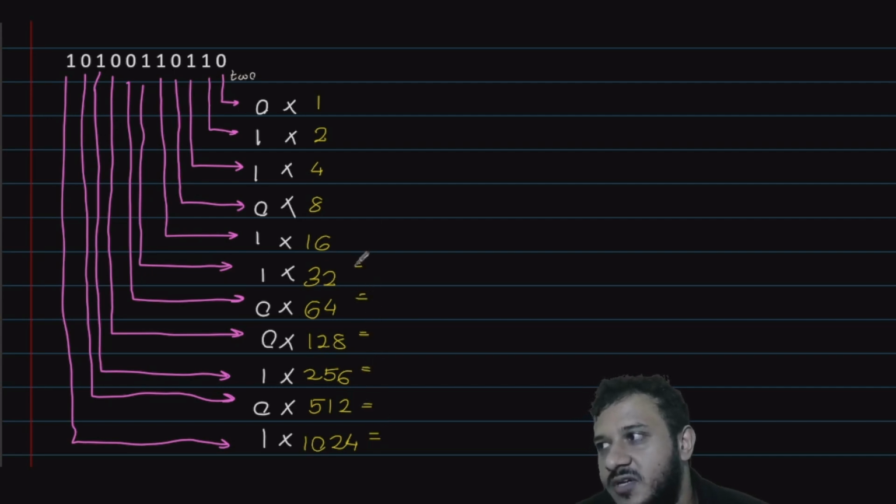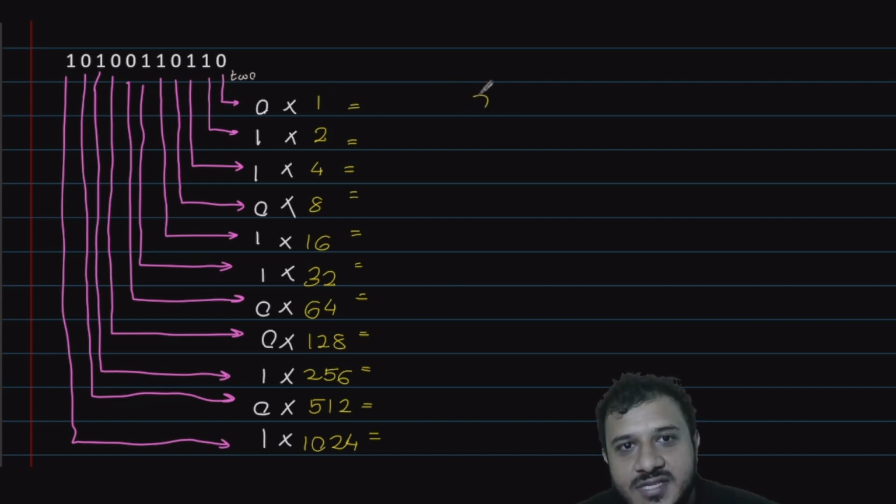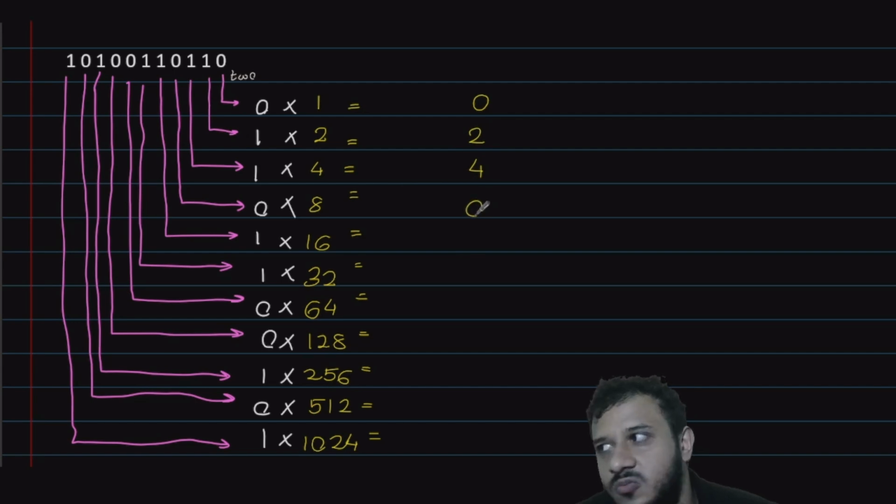Alright. So now what we need to do is write down the digits here. Was there any 1? No. 1 was a 0. So it's a 0. No 1s were there. Any 2s? Yes, 1 two was there. Any 4s? Yes, a 4 was there. 8s? No, and we all know 0 times 8 is 0.